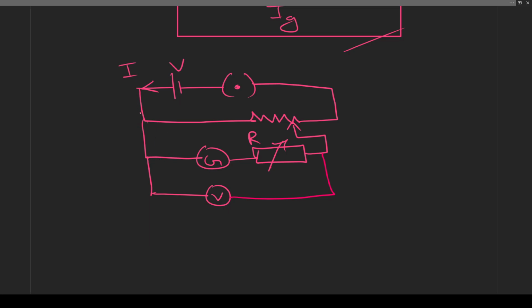So if the total current produced is I, here it will be I. The current that is flowing through this branch, let's assume it as Ig. And here it is again I.